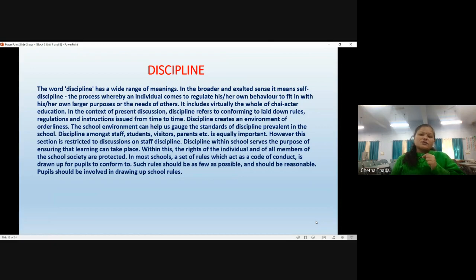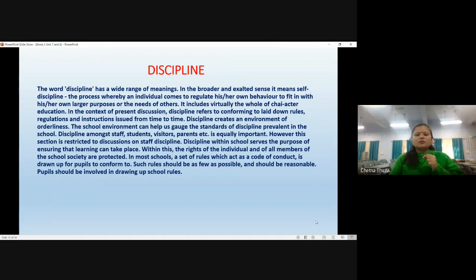In most schools, there is a set of rules which acts as a code of conduct for the staff members and for the students, and you need to conform to it. Such rules should be as few as possible and should be reasonable.